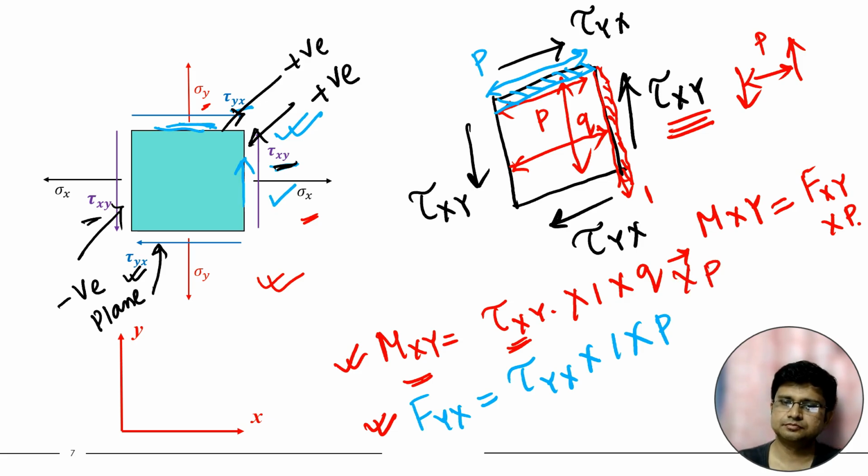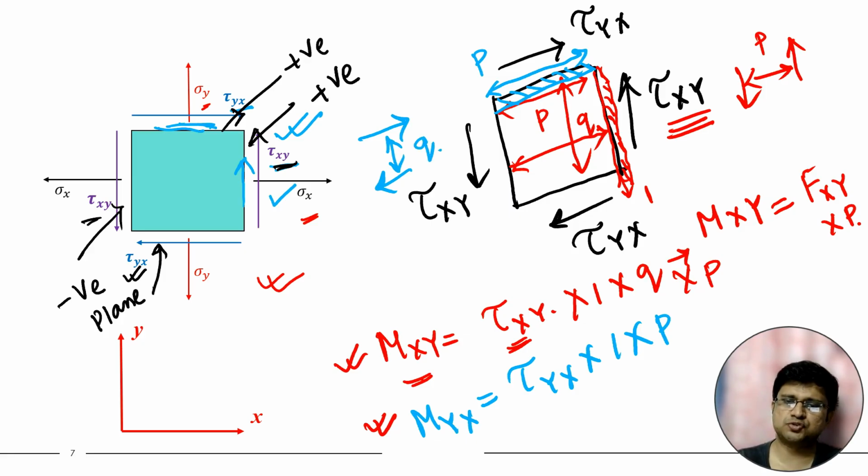Similarly, what will be myx? Myx is actually the moment due to fyx. Now this is the position of fyx. The distance, sorry, the distance is q.